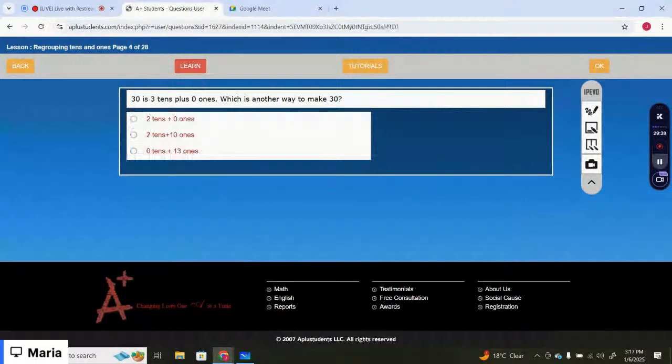30 is 3 tens and 0 ones, which is another way to make 30.